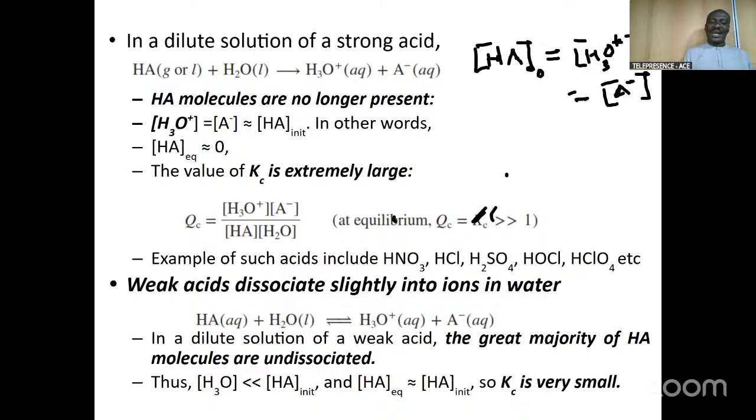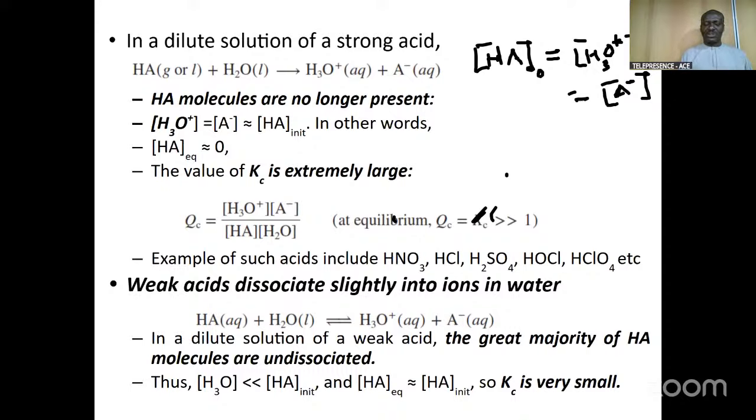Now, for weak acids, however, they do not dissociate appreciably, such that after the dissociation has come to an end, you have hydroxonium ion and the corresponding anion, but you still have a great majority of your undissociated starting material in solution. An equilibrium is established between the undissociated acid and the hydroxonium ion and corresponding anion.